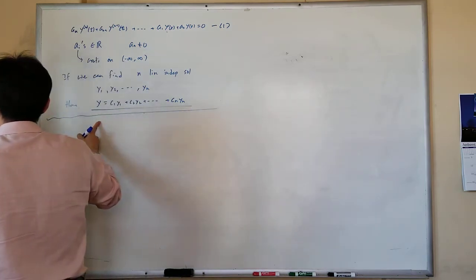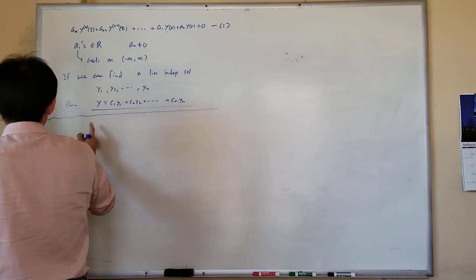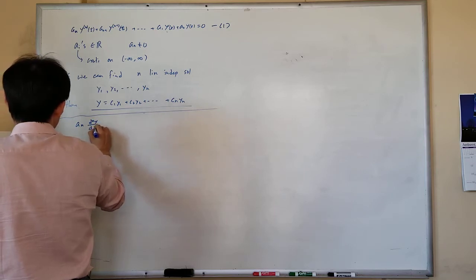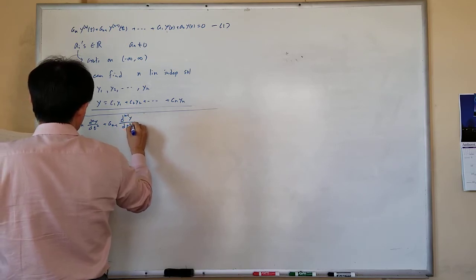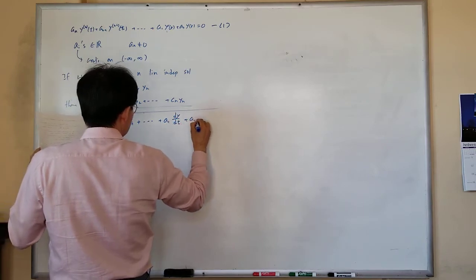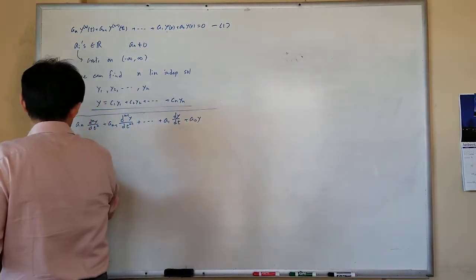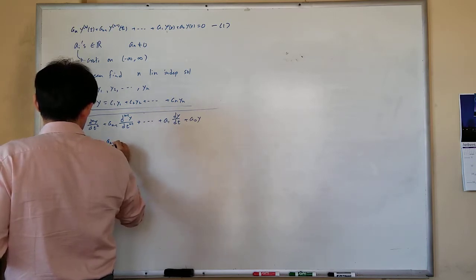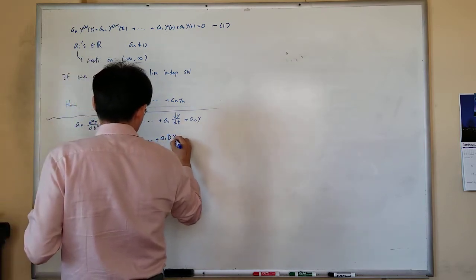Number one can be written as, before we write it, we define, okay, the left-hand side of equation 1, using that D notation, can be written as D to the n y plus a1 D to the n minus 1 y, and so on, down to a_n y.